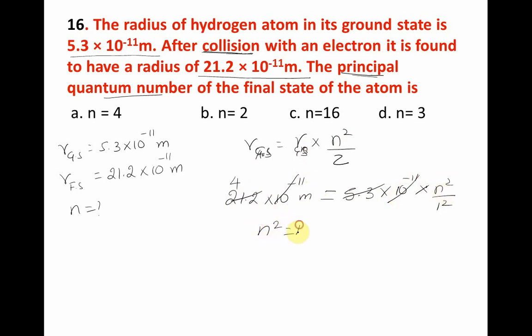Therefore, n square is equal to 4, or n is equal to 2. So the principal quantum number of the final state of the atom is 2.